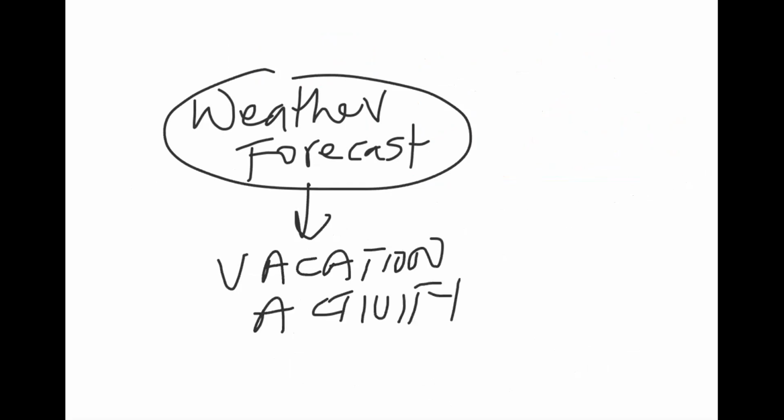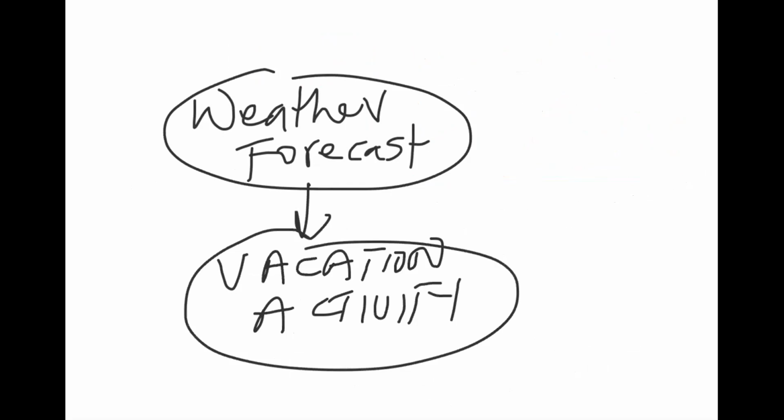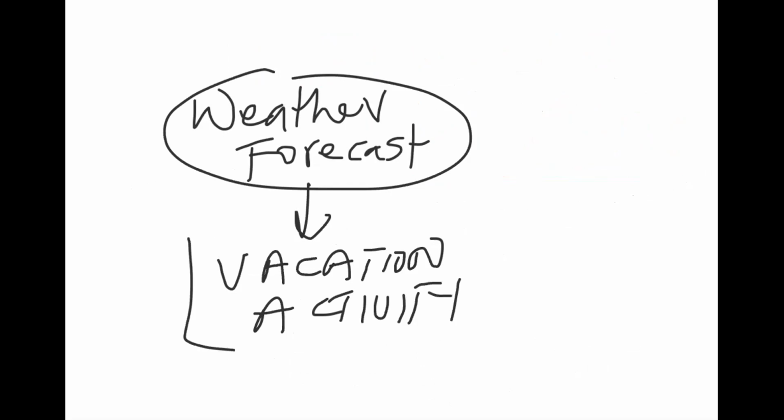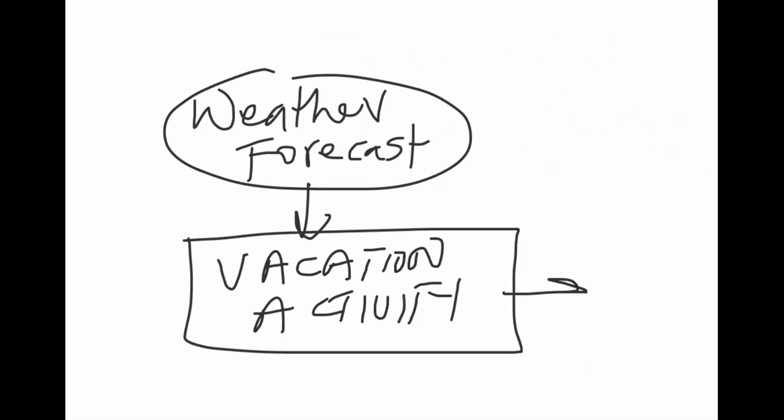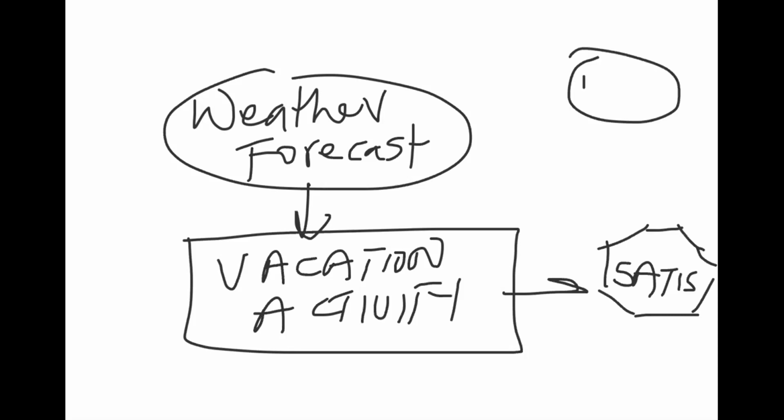And that will also have some bearing on our satisfaction. And by the way, these shapes actually do mean things. Satisfaction. And the weather itself will influence the weather forecast and, of course, influence our satisfaction.